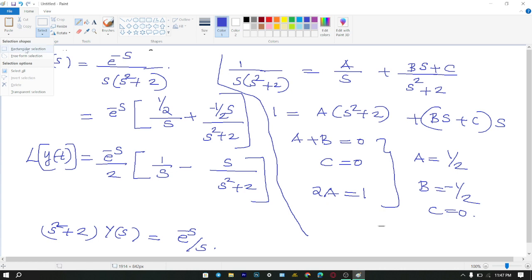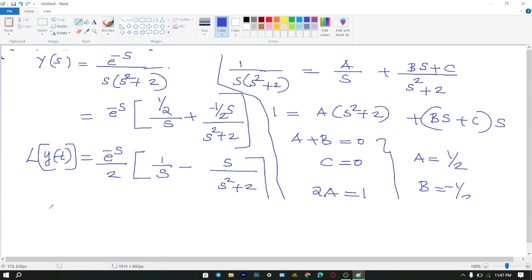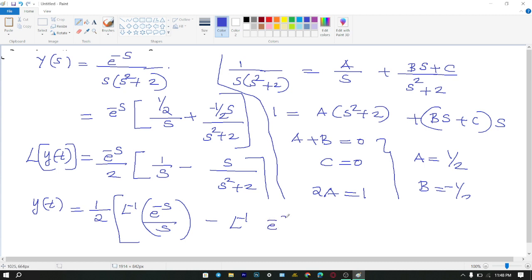Therefore y of t is given by, taking L inverse, 1 by 2 into L inverse of e raised to minus s by s, 1 by 2 is common, then minus L inverse of e raised to minus s by s square plus 2.